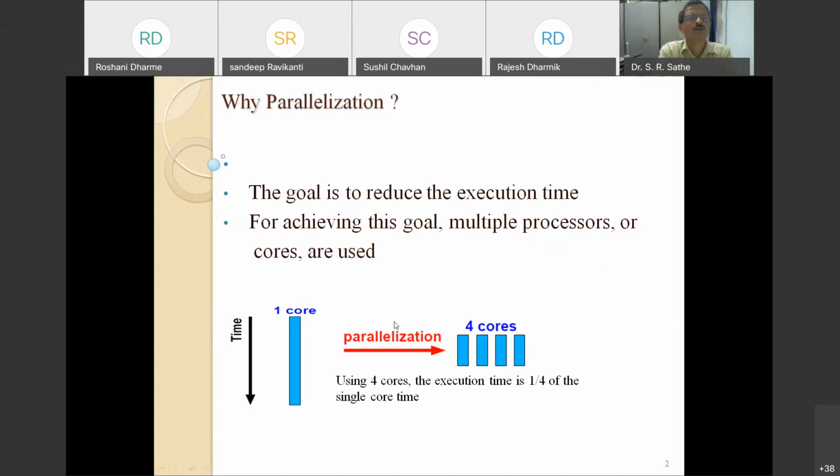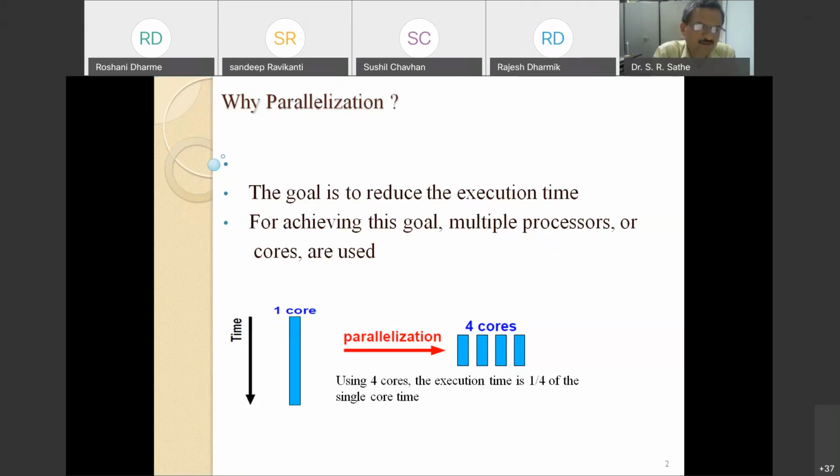The goal is to reduce the execution time. For achieving this goal, multiple processors or cores are used. In the last century, multiple processors were used for parallelization, which was called a multiprocessing system. Today, we have multiple cores on the same CPU chip, say 4 core, 8 core, 16 cores.